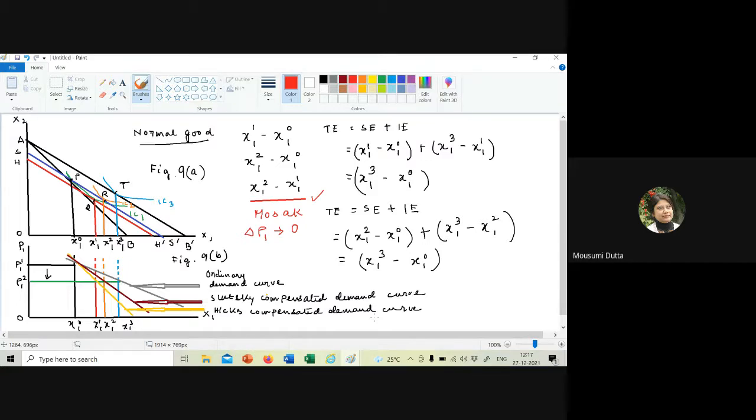Look at the projection. Two income effects I told you earlier, two substitution effects, now you have to write.